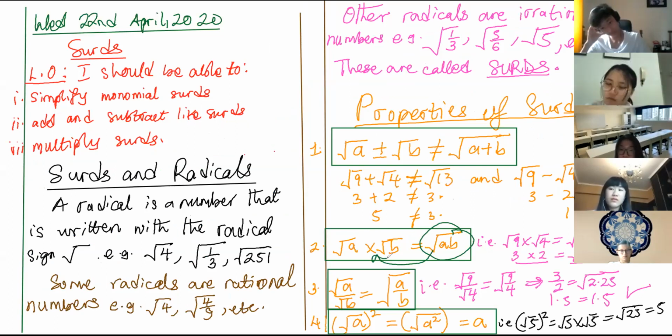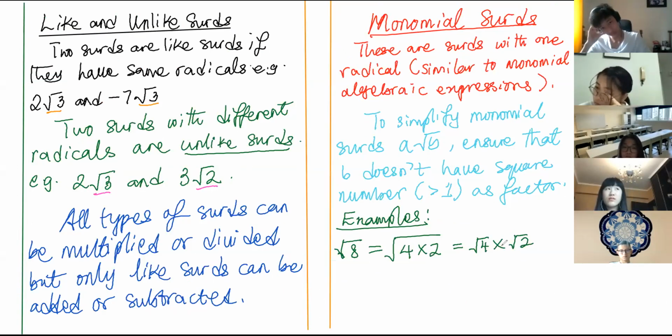Is everybody looking at the board and seeing what I'm showing you? Yes. Okay. So that's why we can split it. Now the square root of 4 is 2, and the root 2 is left in exact form. So your answer will be 2 root 2. Does this make sense?